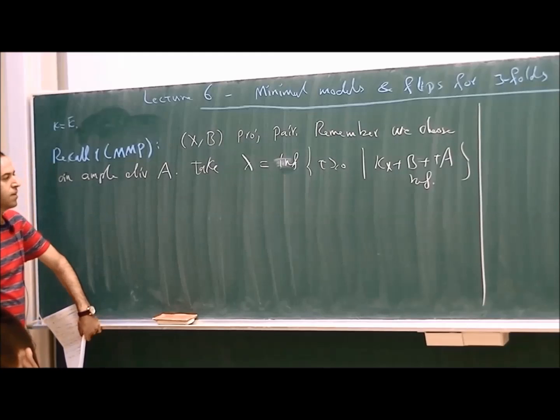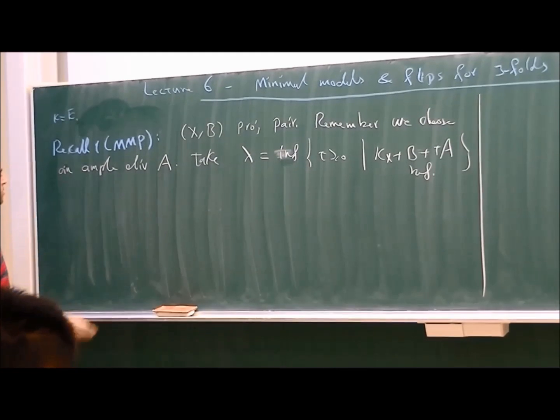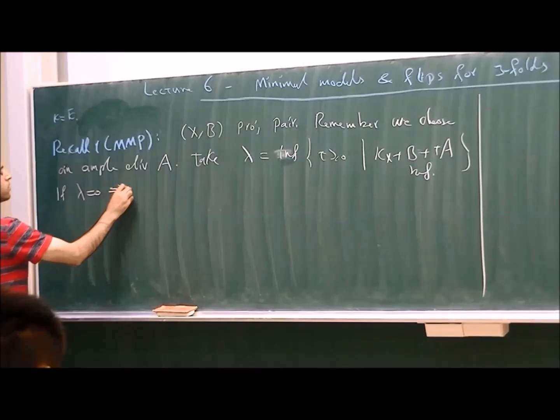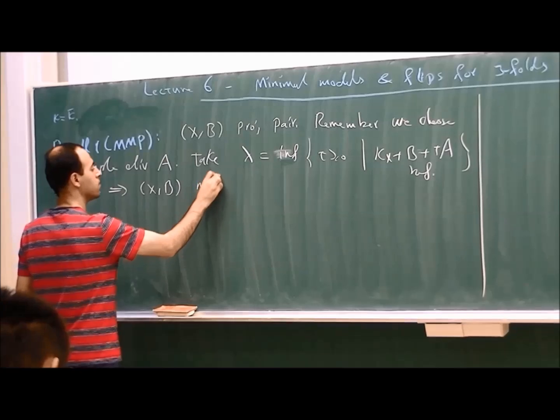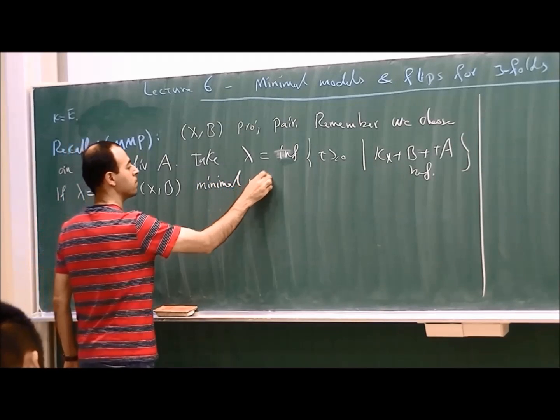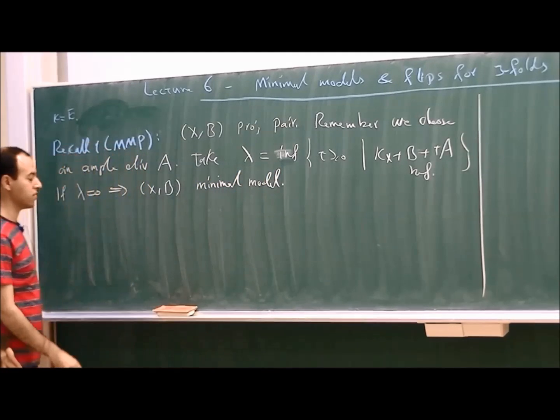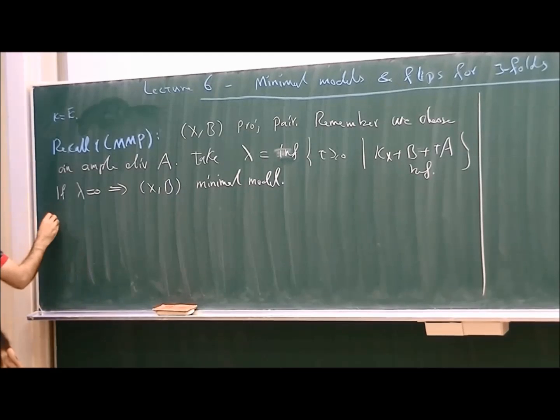So you're already familiar with all this stuff. If lambda is equal to 0, we already have a minimal model. There's an interesting case where lambda is positive.